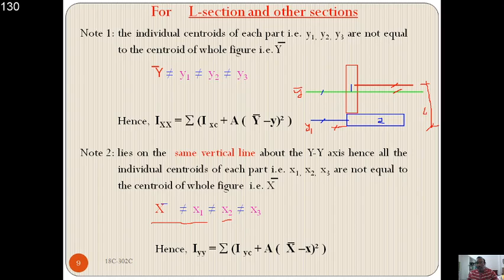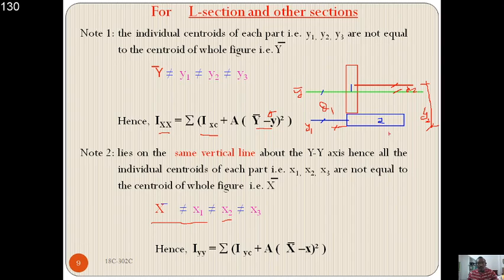Therefore, y bar is not equal to y1, y2 and y3. Hence you are required to find their differences. This one is the d1 and this one is the d2. These distances have to be found out, and accordingly their individual centroidal moments are to be summed to get the Ixx.